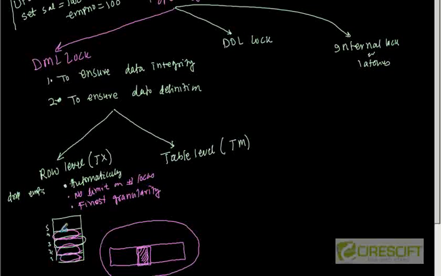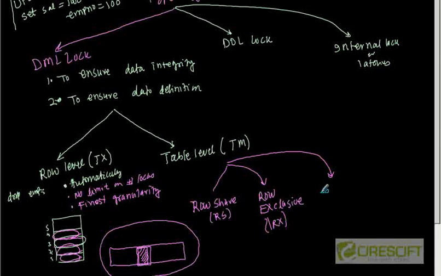We put a lock here, and now let's discuss the table level lock. Table level locks come in 5 different types. One is called row share, popularly called RS lock. Another is called row exclusive, or RX lock.